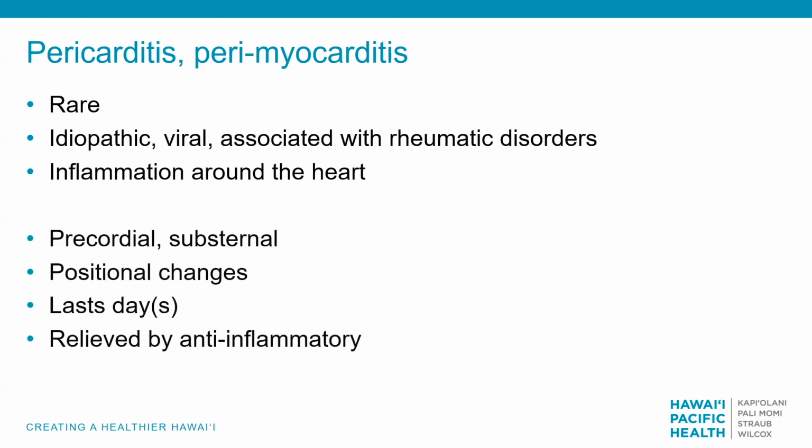The chest pain is very typical. It is substernal. This one does not radiate into the left arm and the left shoulder. It has a typical positional change. The chest pain is somewhat relieved when you lean forward, and maybe is a little bit worse when you lean backward.